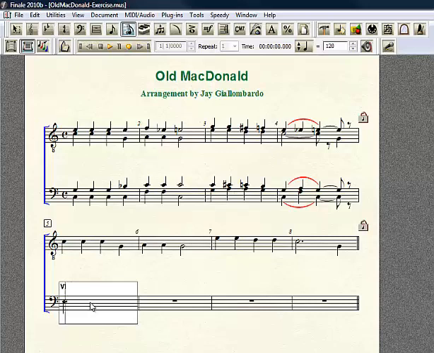That's a consonant interval. And the G is consonant if it were above as a fundamental species 1 counterpoint. So in our instance here, C is a correct note.